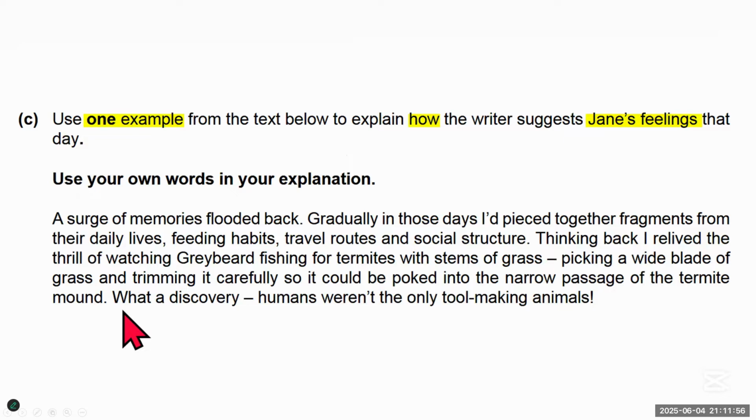Here we have the extract. A surge of memories flooded back. Gradually, in those days, I had pieced together fragments from their daily lives, feeding habits, travel routes, and social structure.